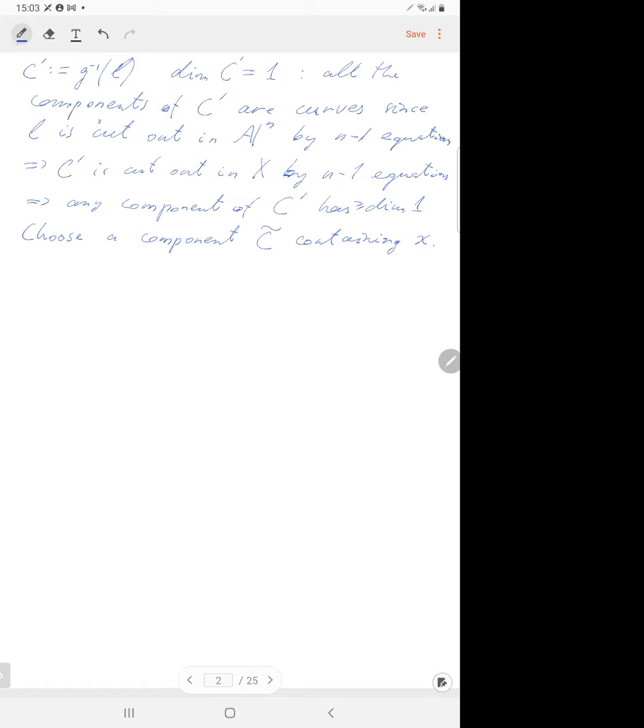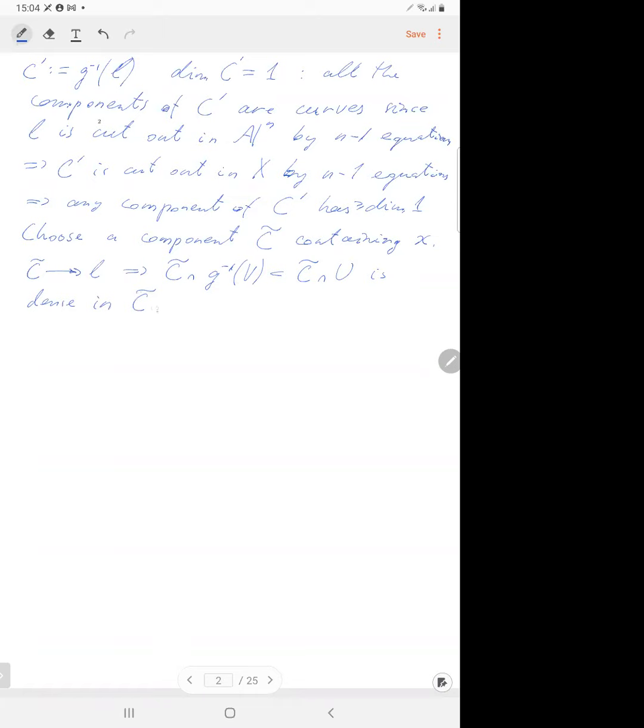Okay, then this C tilde projects onto our line L by construction, and hence the intersection of C tilde with the preimage of our open subset is contained in C tilde intersect U. The open subset in capital X is dense in C tilde.